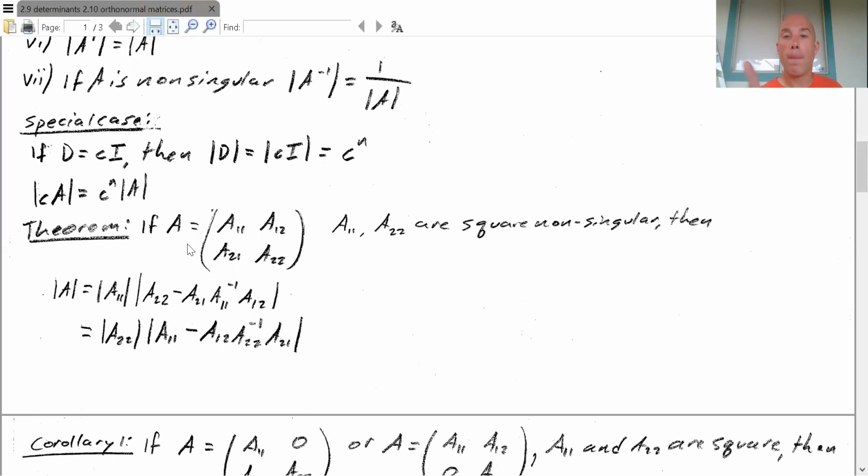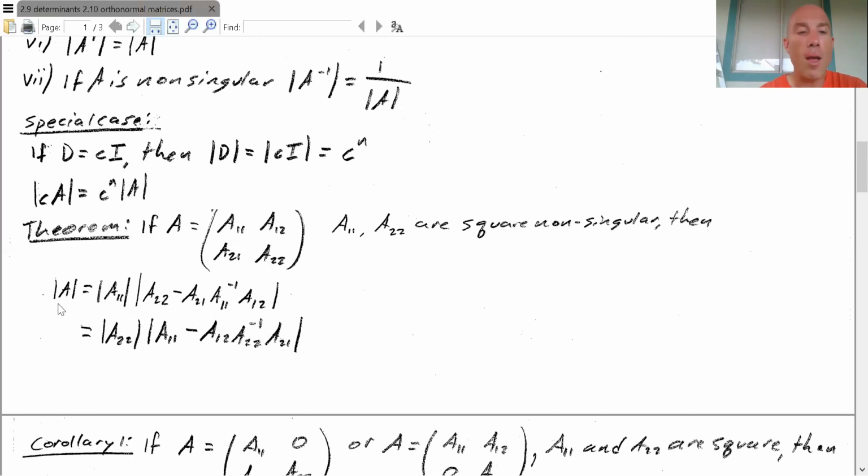All right, so now let's think about the situation where I have block matrices. Okay, so I have a block matrix and it's in a 2×2 format. We're going to say that A11 and A22 are square, non-singular. Now, they don't have to be the same size. They could be the same size, maybe, maybe not.